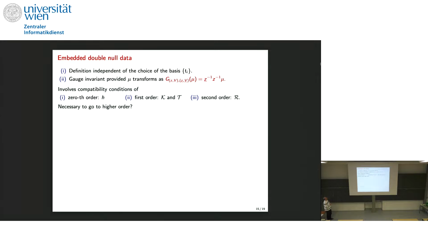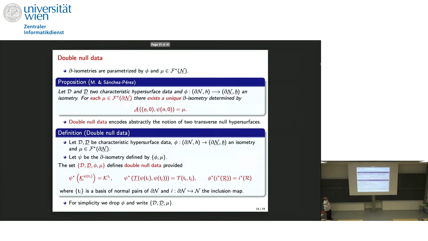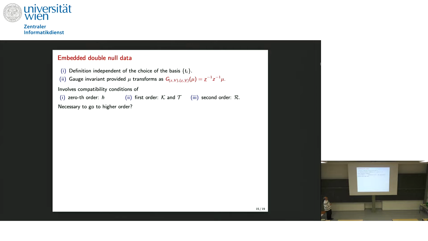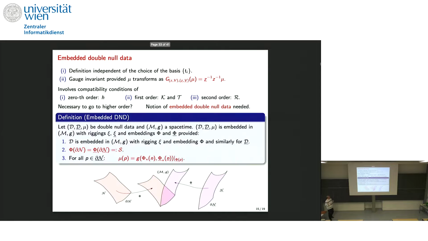Now, if you recall, the compatibility conditions that come in here are of zero order, because they involve h, first order, because they involve extrinsic curvature, and second order, because they involve curvature. Now you can ask yourself, is it necessary to go to higher order? Do I need to impose additional restrictions in my definition? And the answer is no.